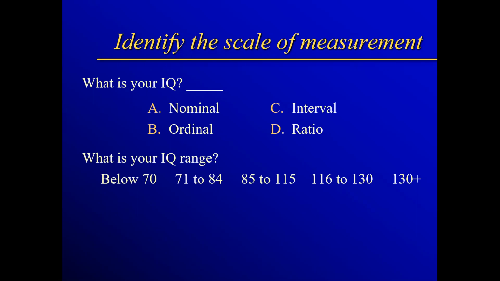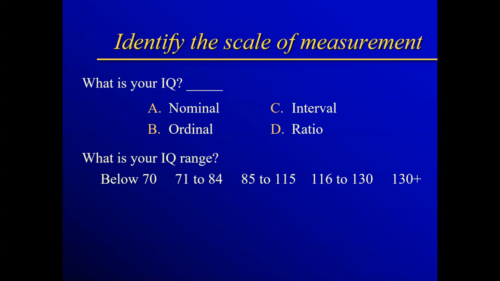So if we ask what is your IQ on a scale like this, where we just open-ended allow you to put a number in, it is an interval. It's not a ratio because you can't have a 0 IQ. I guess you can if you're dead, but you can't have a 0 IQ. A 0 doesn't represent no intelligence, right? So in theory, maybe you could score 0 on the IQ, I don't even know if you can.